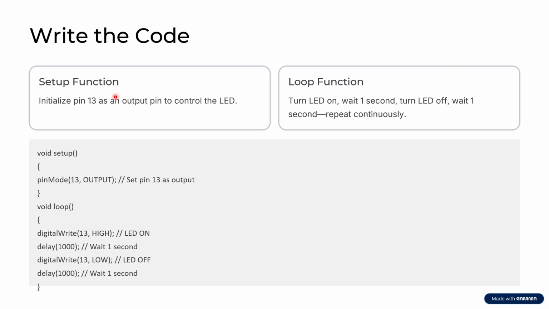In the setup function, we have initialized pin 13 as the output pin to control the LED, whereas in the loop function, it turns the LED on, waits for 1 second, then turns the LED off and waits for another 1 second, and this process is repeated until we come out of the loop.